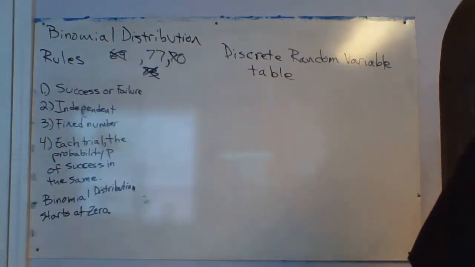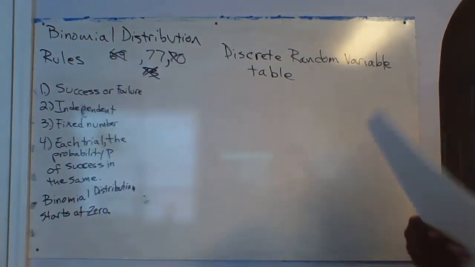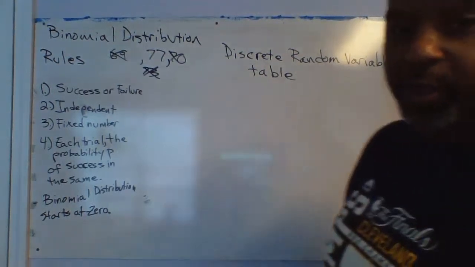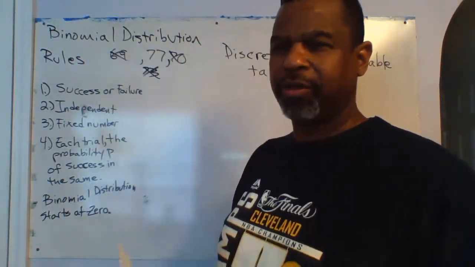All right, now what I want you to do is I'm going to give you a discrete random variable table. Do we have any other questions before I move on? So we're good?